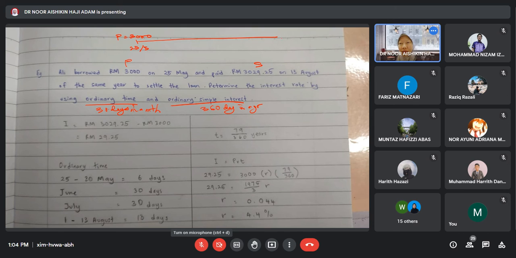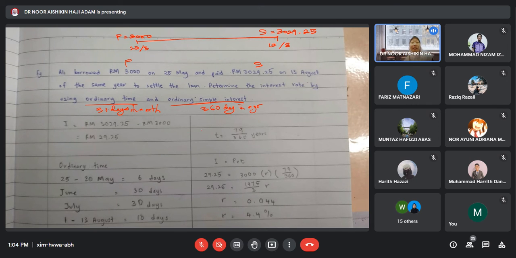And he paid, so that is S, 3029.25 on 13th August of the same year. Obviously, you can find T. Dah dapat T, baru boleh cari R.